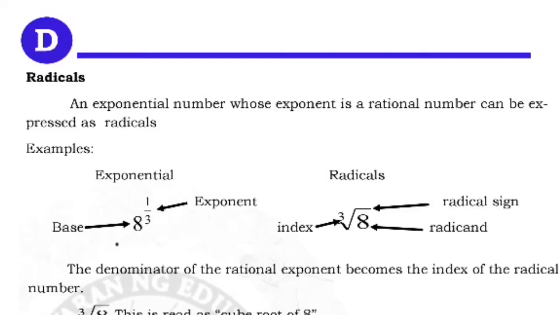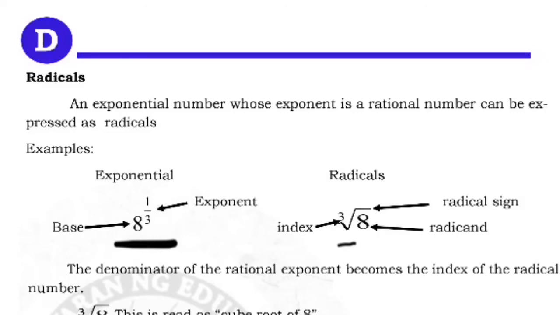Here we have the expression 8 raised to the power of 1/3. 8 is the base and 1/3 is the exponent. For radicals, this is the cube root of 8. The index here is 3, and the radical sign is 1.